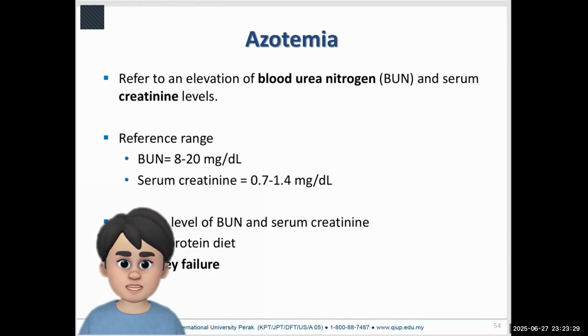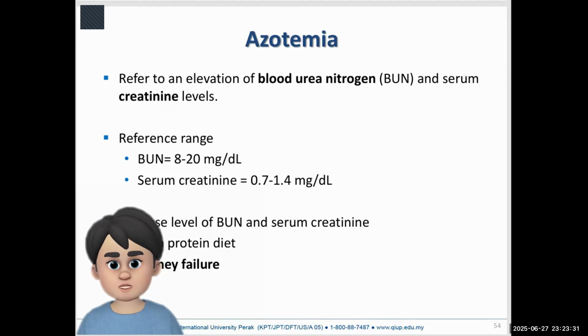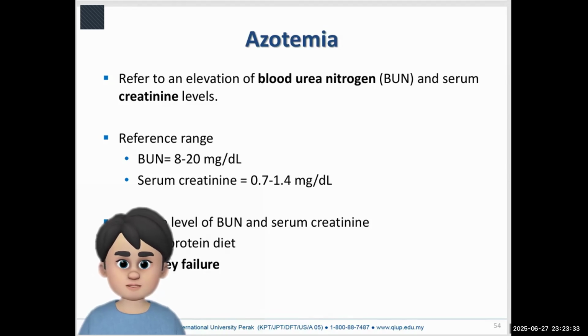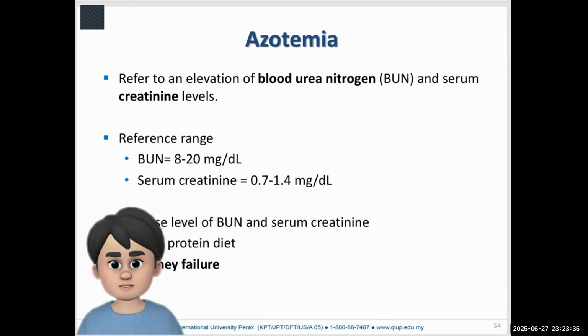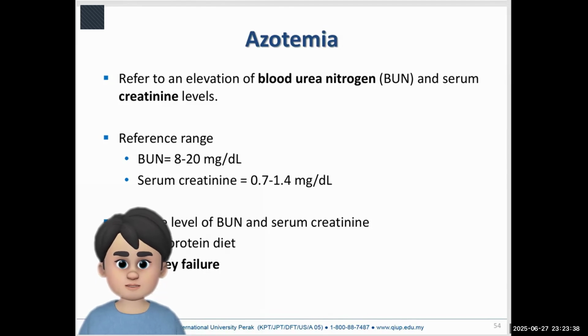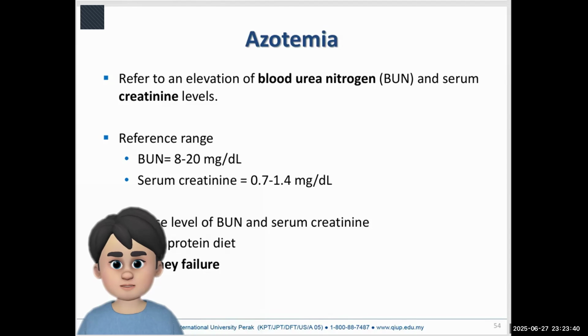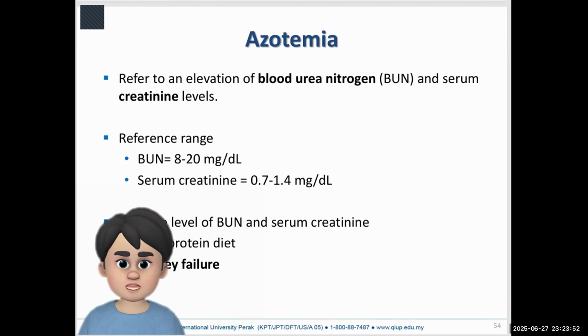Now we'll see what azotemia is: elevated nitrogen waste. Sorry, I said it in a wrong way. Azotemia is measured by BUN, blood urea nitrogen, and serum creatinine levels.